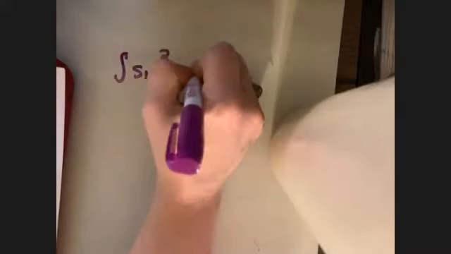Okay, so looking at another one. We've got the integral of sine squared x dx. Now, this one is one of those instances where we are going to have to use some of our trig identities to make this happen.